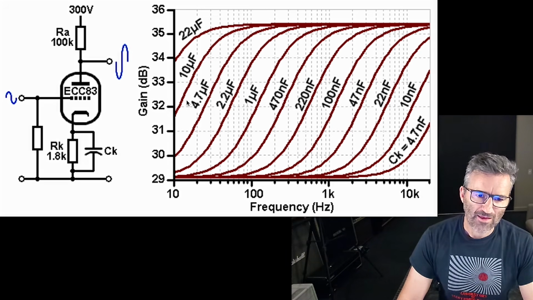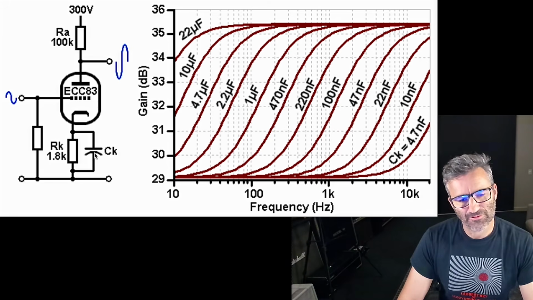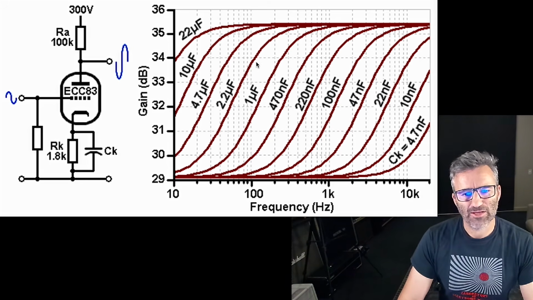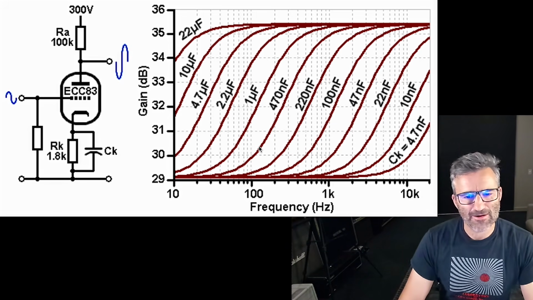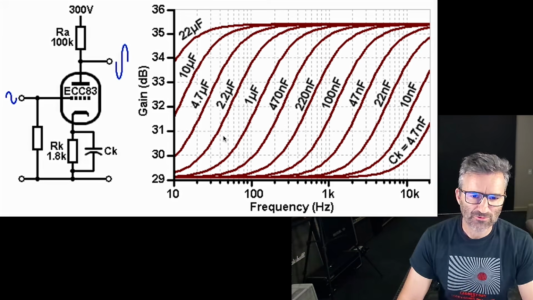And the lower value that you make this bypass cap here, you get a tapering off. So, a very classic Marshall value is 680 nanofarad, or 0.68 microfarad.